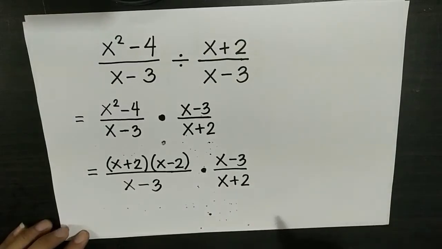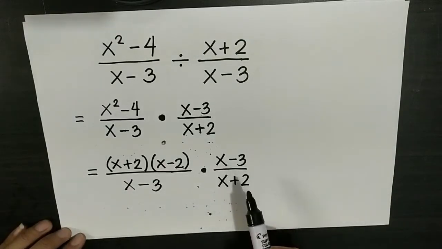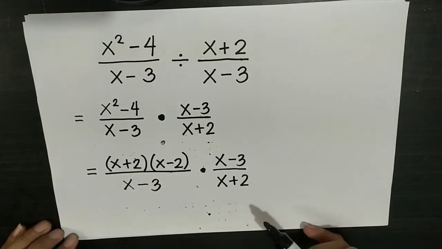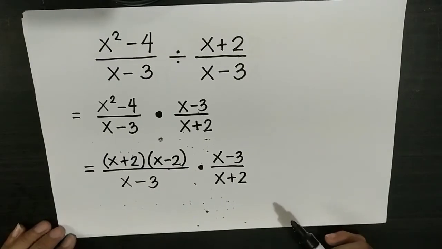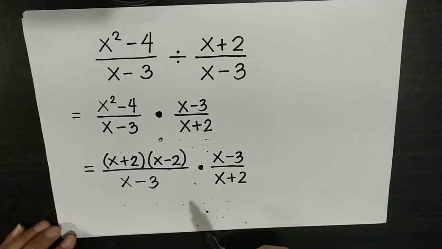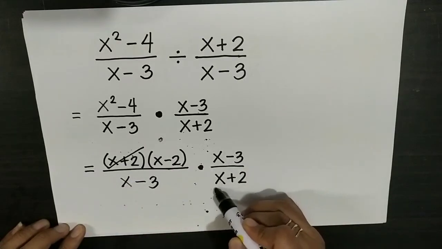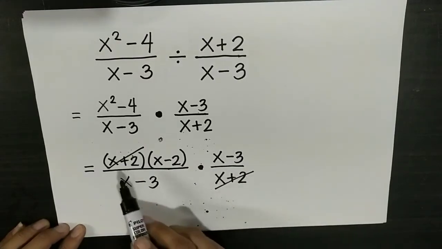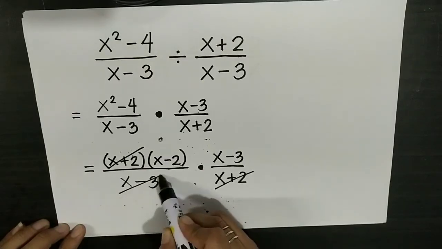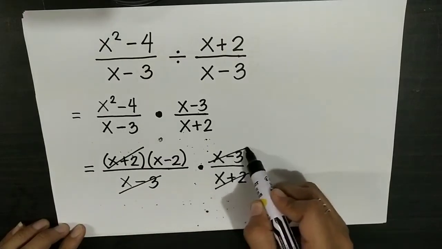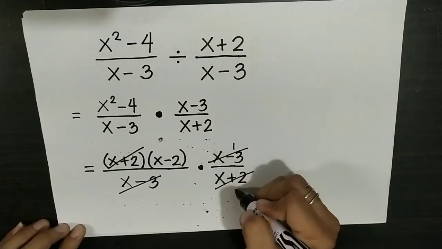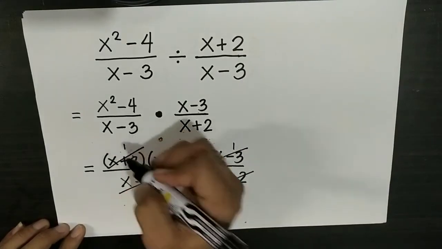Okay, so with this, since we already factored all the polynomials in our expression, we can have cancellation of common factors. We will cross this out, x plus 2 with this x plus 2 in the denominator, this x minus 3 in the denominator, and x minus 3 in the numerator. So this becomes 1, 1, 1, and this one is 1.